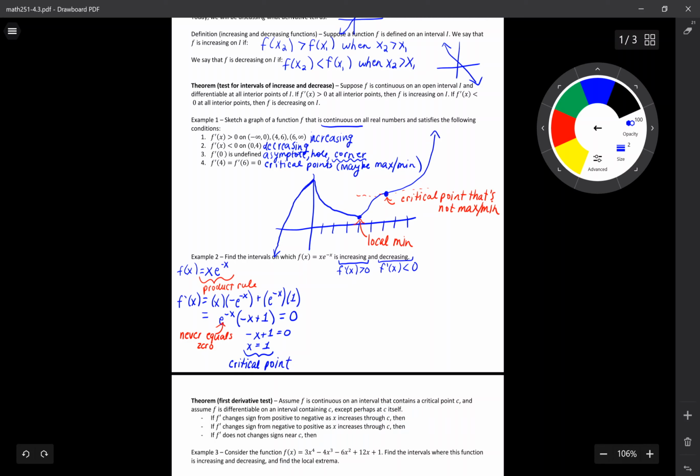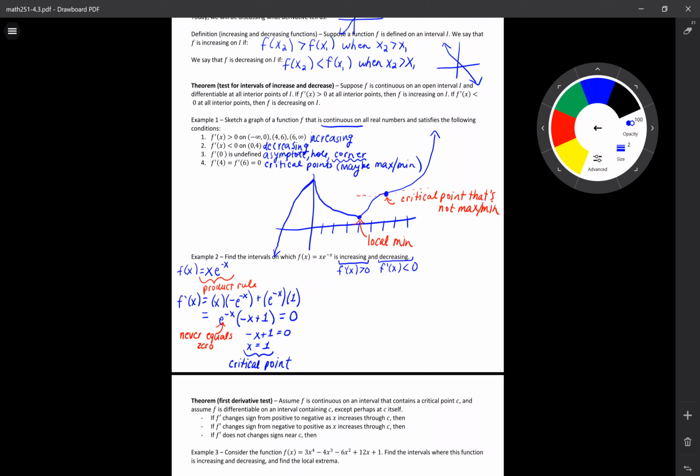So once we've found our critical point, again, this is where f prime of x is equal to 0. This is how I solve this kind of problem. At my critical point, I know that it's definitely possible that I'm changing from increasing to decreasing or vice versa. So I need to check out what's going on around my critical point.